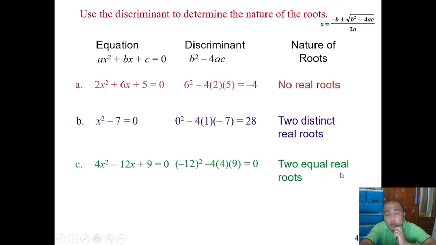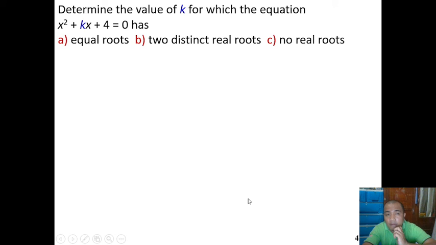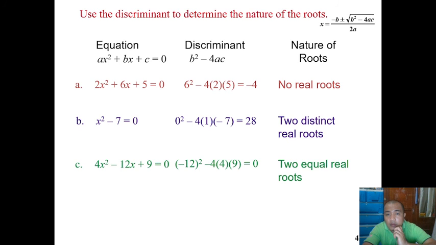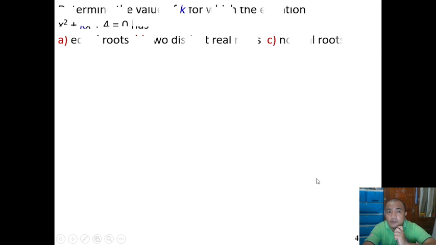Okay. 2 equal roots when the discriminant is 0. When the discriminant is positive, 2 distinct real roots. When negative, no real roots. Okay, remember that. I repeat, negative discriminant, no real roots. Positive, there are 2 distinct real roots. Zero, 2 equal roots.